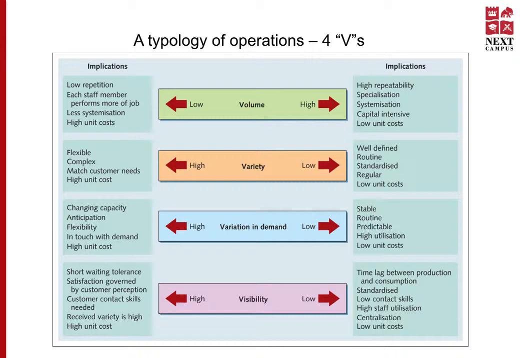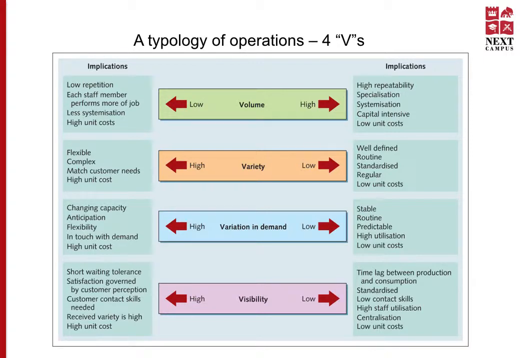What are the typology of operations? The 4 V's. 4 V's stands for volume, variety, variation in demand, and visibility. What is important to understand is that products or services that are of high volume will not have an equally high variety.